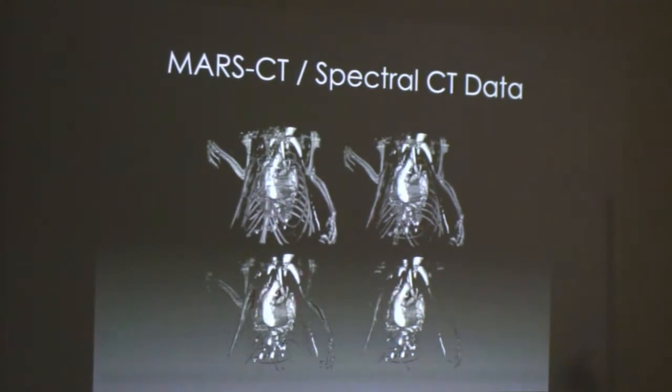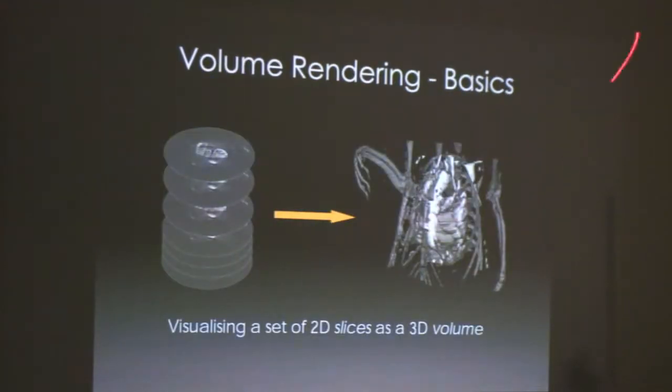Now, I'll describe the process which turns this volume data into images like that. So here we have a bunch of images which would normally come just as single bitmaps or TIFF files, in our case TIFFs, and we would stack them on top of each other and form a volume.